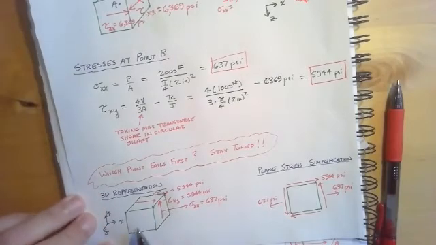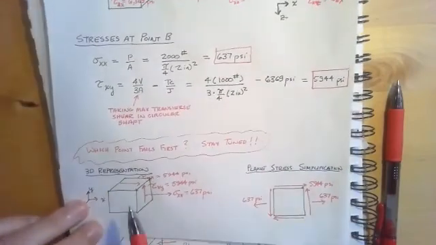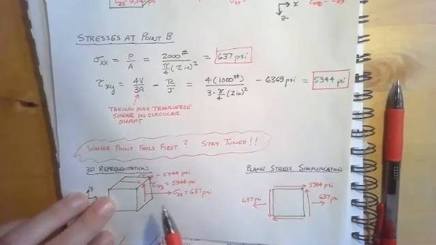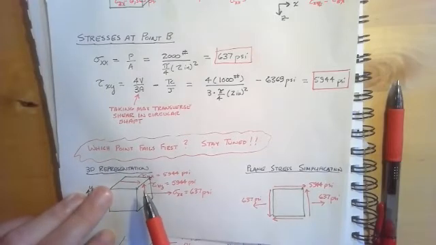So if I was to draw the stresses here on the 3D cube and do the 3D representation of the stress tensor at point B, I'd have sigma xx is positive 637 psi because that's a tensile stress.